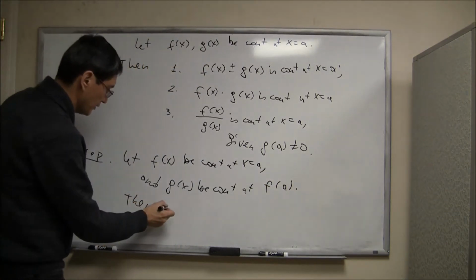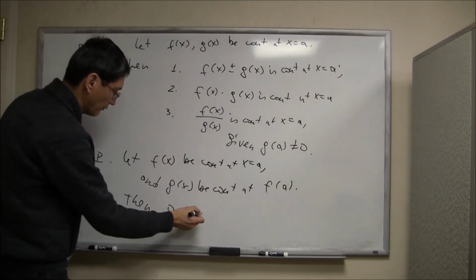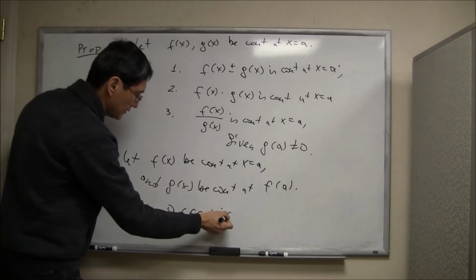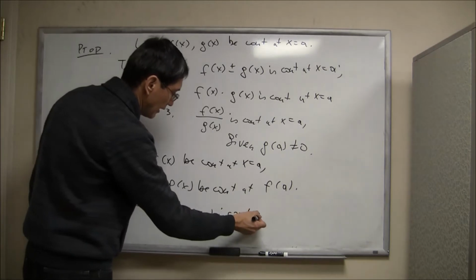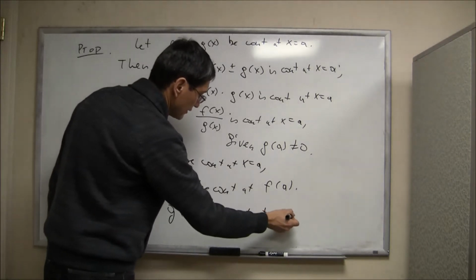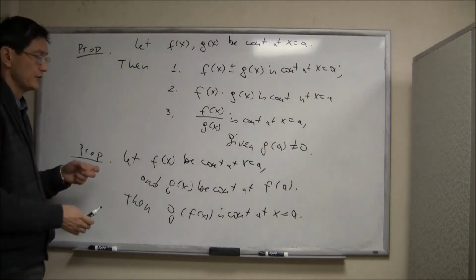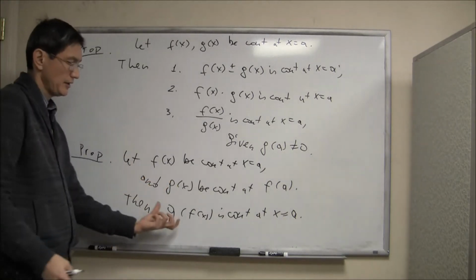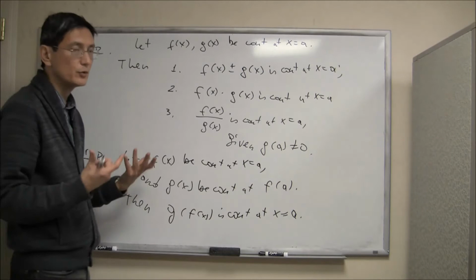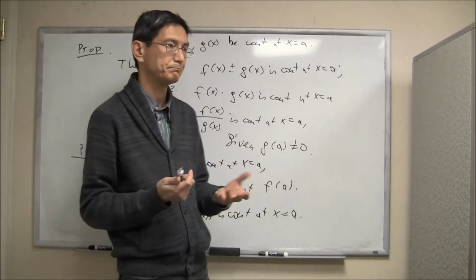Then g of f of x is continuous at x equals a. So basically what this statement is saying is, we have two continuous functions, you take their composition, and the composition of two continuous functions is continuous.